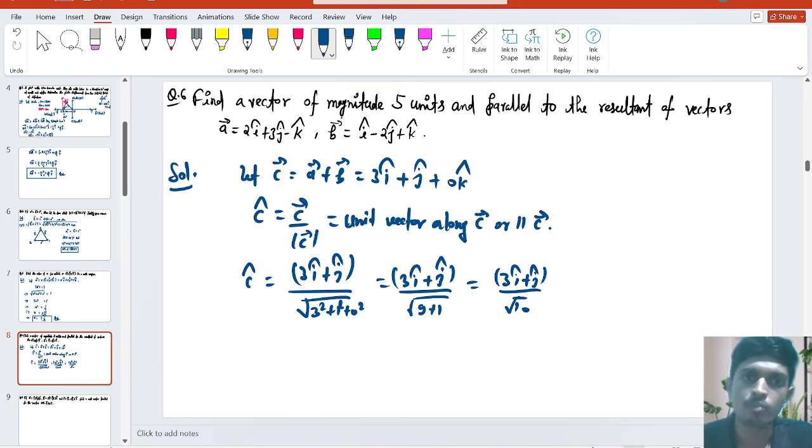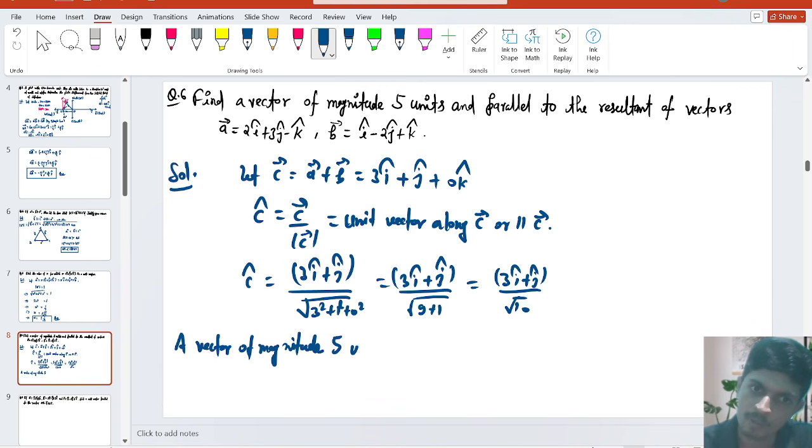So what we need to find is a vector of magnitude 5 units and parallel to the resultant of vectors, meaning vector C equal to vector A plus vector B. So it is 5 c cap.